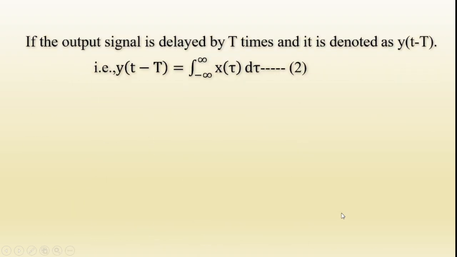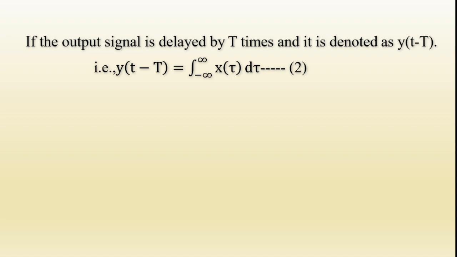In the given system, small t is replaced by t minus capital T, we get y of t minus capital T is equal to integral minus infinity to infinity x of tau d tau. This is considered as equation 2.